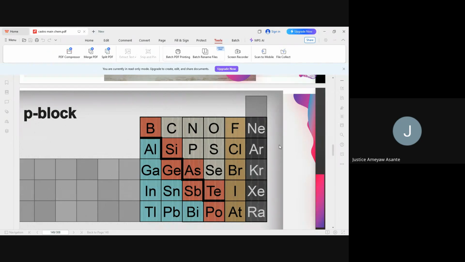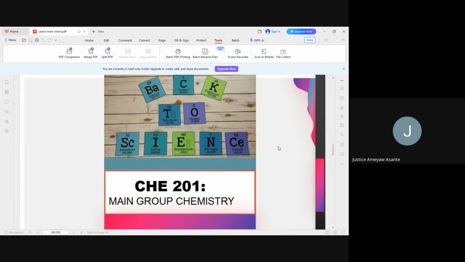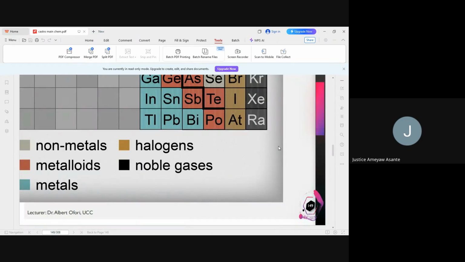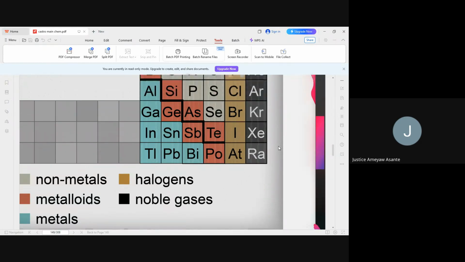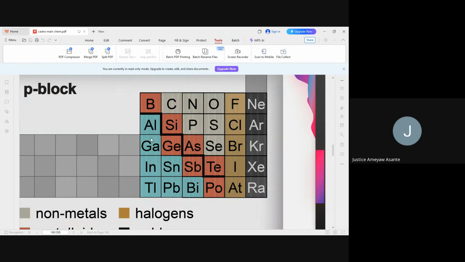Okay, so we are now done with all the important metals that are in the main group elements. We've now captured the group 1 elements, the group 2 elements, and we have taken one particular element in group 3, that is aluminum.